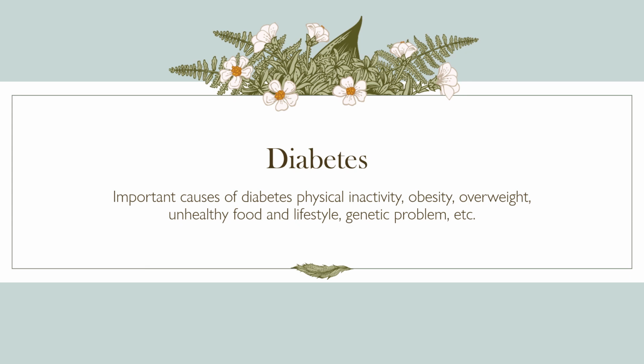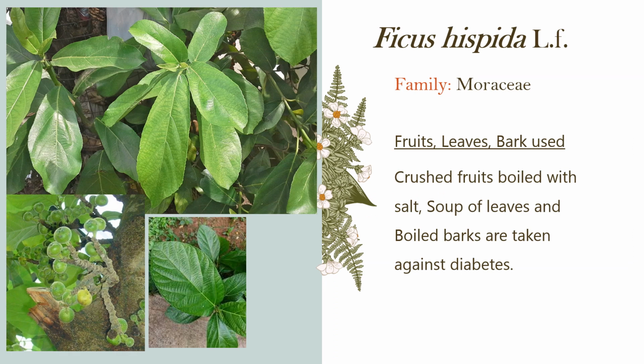So what are the plants that are used under diabetes? First one is Ficus hispida, that comes under the family Moraceae. So the fruits, leaves and barks are used. So the crushed fruits, when boiled with salt, or the soup of the leaves and the boiled barks, they can all be taken, and it can be used against diabetes.